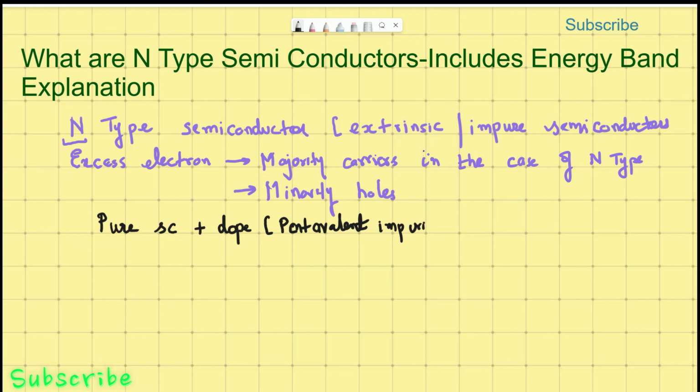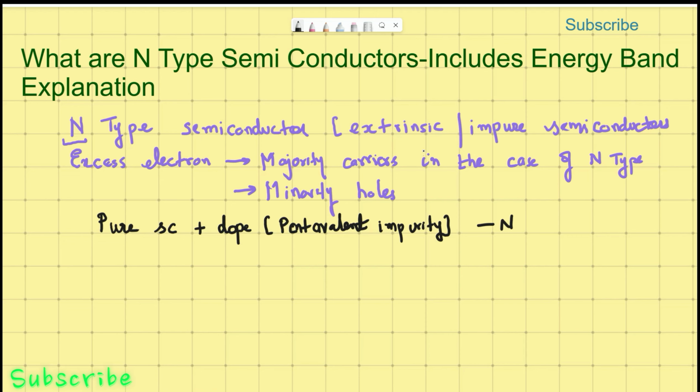If you add a pentavalent impurity, you are able to create an N type. Of course, I will create a separate video for P type, because the detailing I will do is very different from what you would have seen anywhere else, and this is going to be a memorable experience for you.